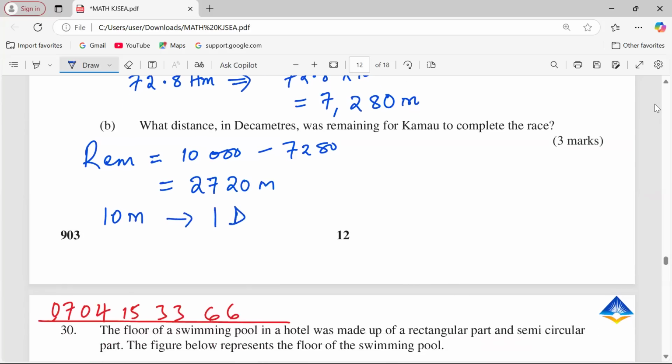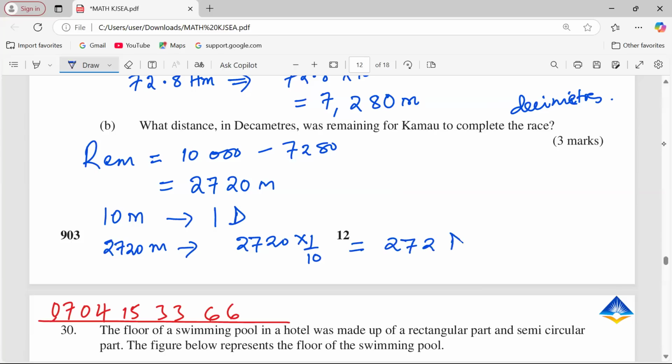Remember, decameter is different from decimeters. Therefore, what about 2720 meters? It will be 2720 by 1 out of 10. This is 272 decameters.